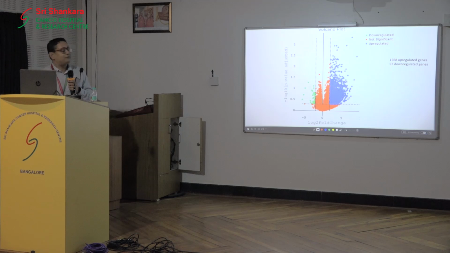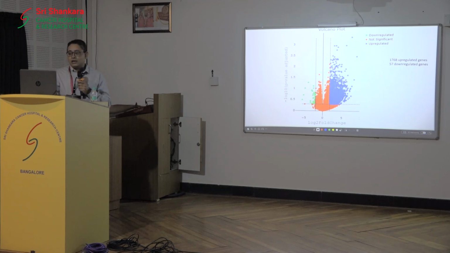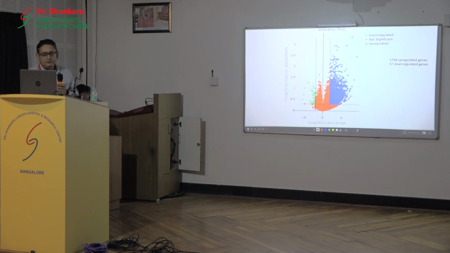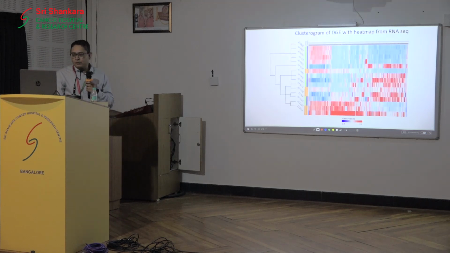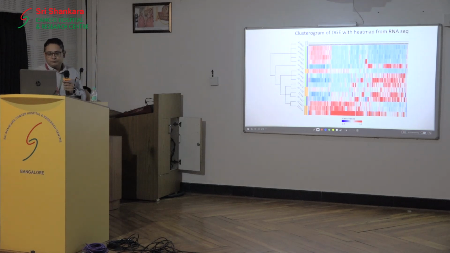And in the transcriptomic analysis, we found that 1768 genes are upregulated and 57 are downregulated. So we went for a heat map.